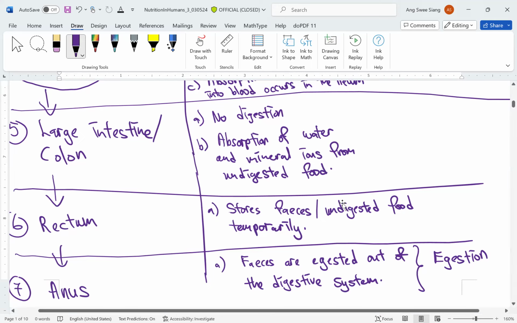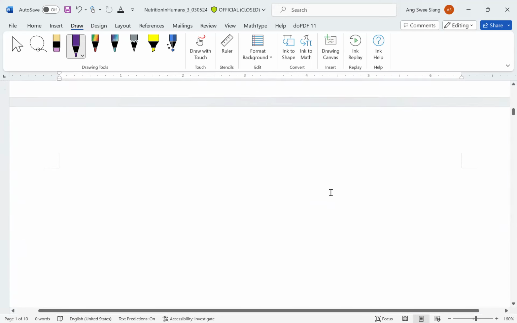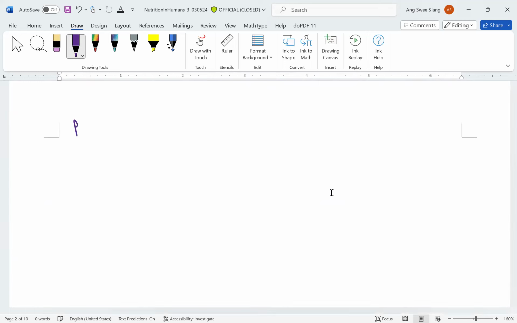Okay, let's move on. Now to complete the story, you need to know what the different enzymes found in pancreatic juice are. I teach my students this short form, an easy way of remembering. For pancreatic juice, you remember PAL.